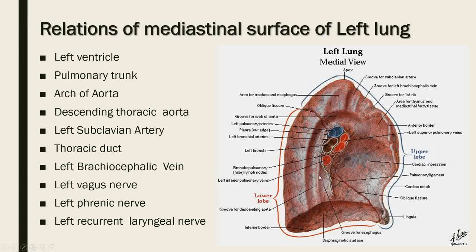And also there will be an impression for the thoracic duct close to it. And a nerve which is not actually showing any sort of groove, but it is present, that is the left recurrent laryngeal nerve.